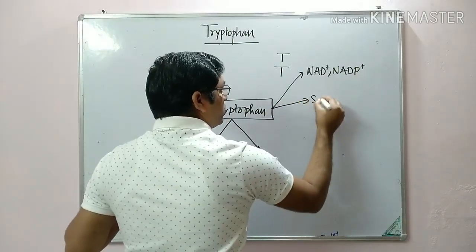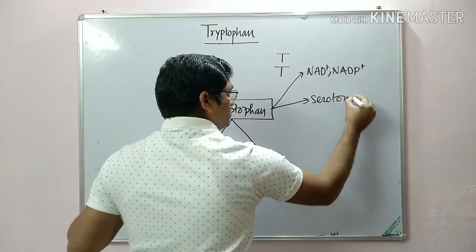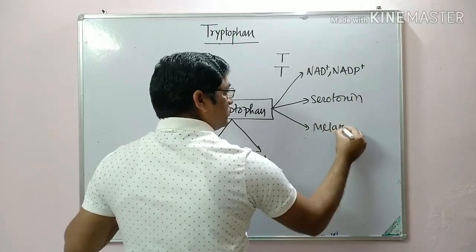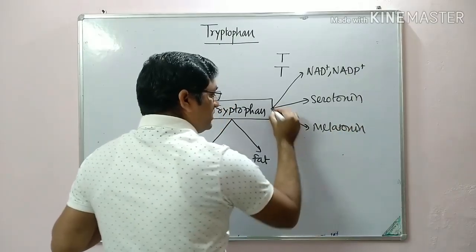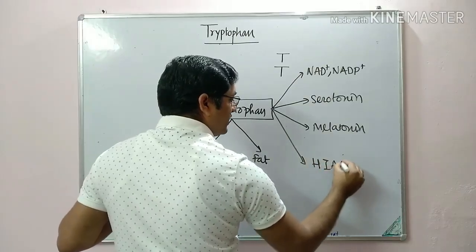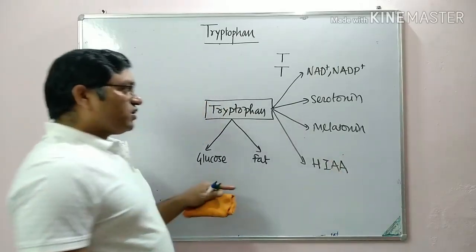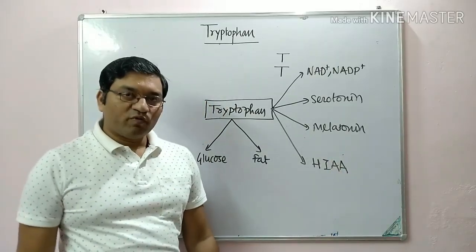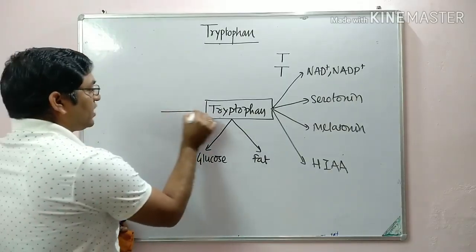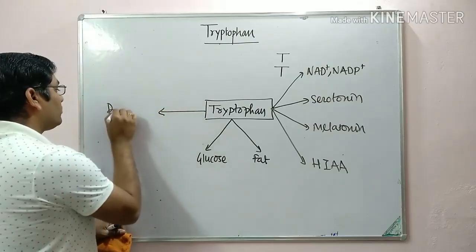Then it gives serotonin, it gives melatonin, and this is an excretory product, that is hydroxyindole acetic acid. So these are the compounds which are given by tryptophan in the metabolic fate, and it also incorporates into the protein during protein synthesis.